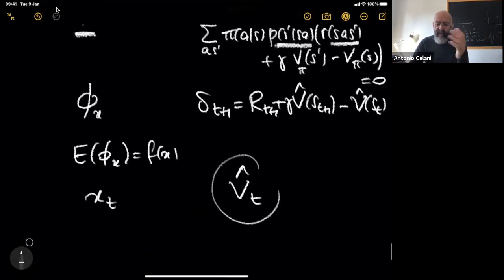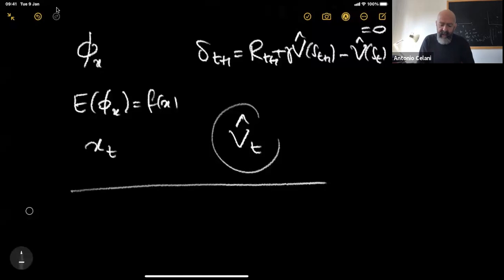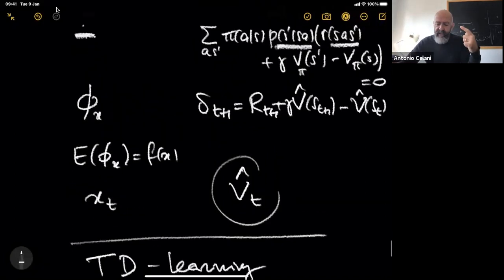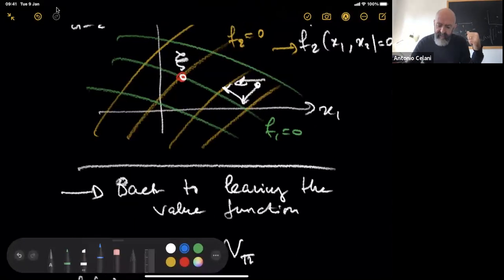So when we summarize all these things and we put everything together, we get our temporal difference learning algorithm, which, since we are in many dimensions, now I'm going to formulate in this flavor.